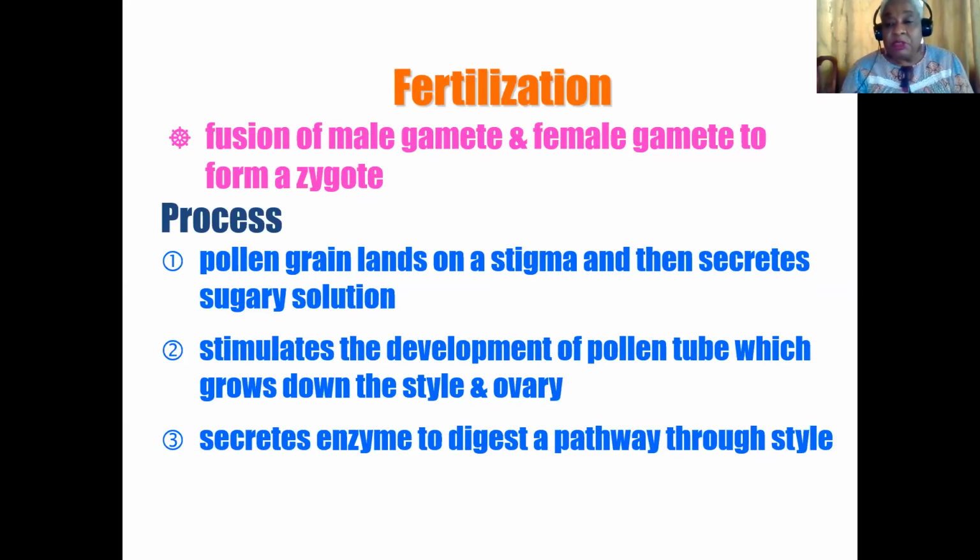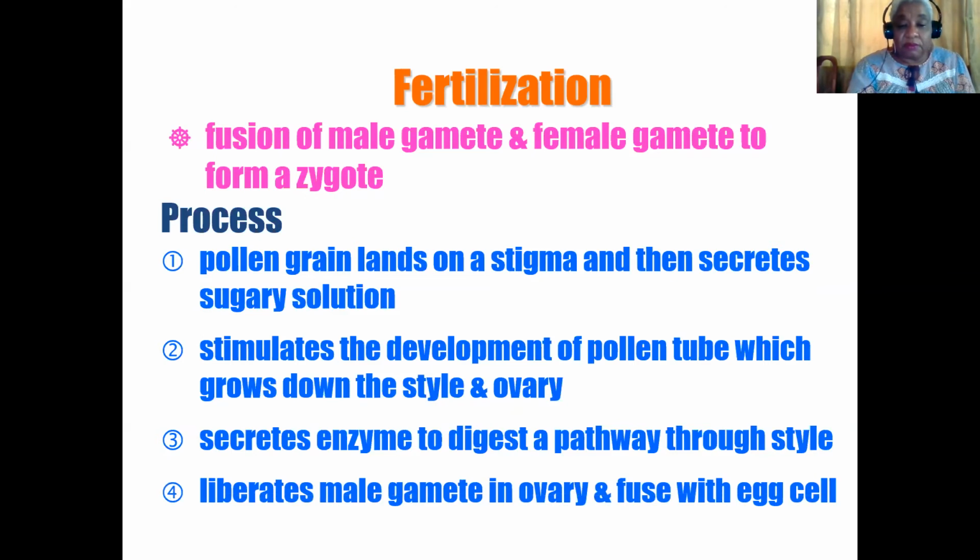They are chemicals produced by living things that help break down other things. So this enzyme is breaking down the tissues of the style to clear a path down to the ovary. The male gamete is liberated in the ovary and fuses with the egg cell.